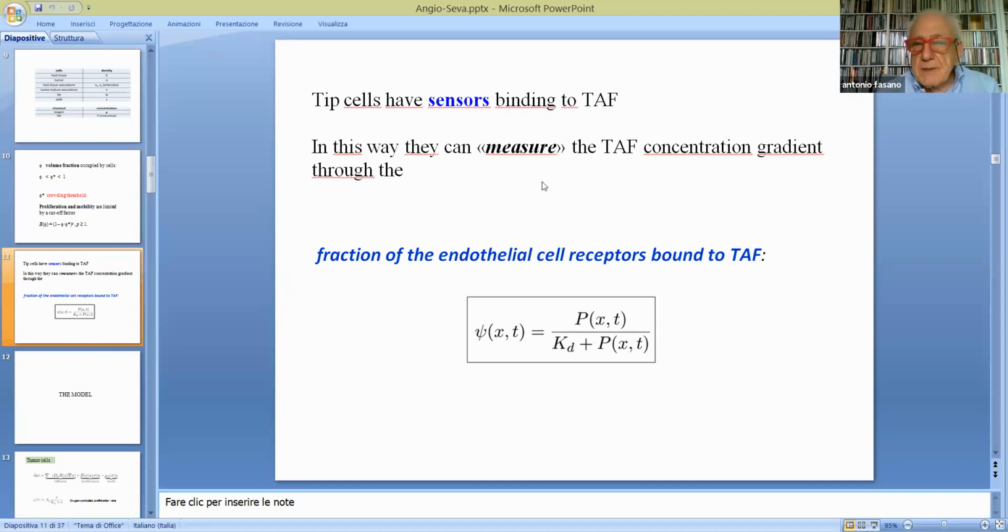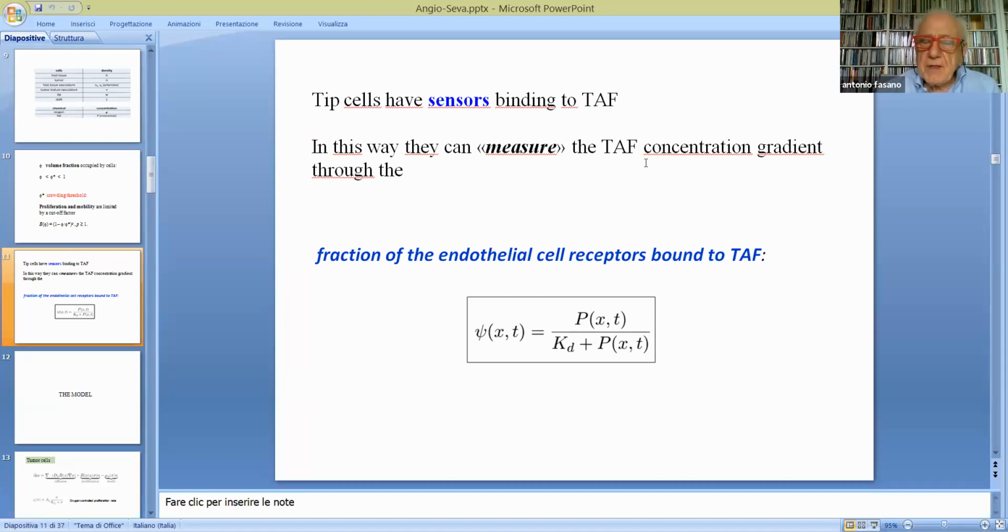Now, how does chemotaxis work? Well, the cells are equipped with sensors which bind to the tumor angiogenesis factor, and through this sensor they are able to measure the TAF concentration gradient.